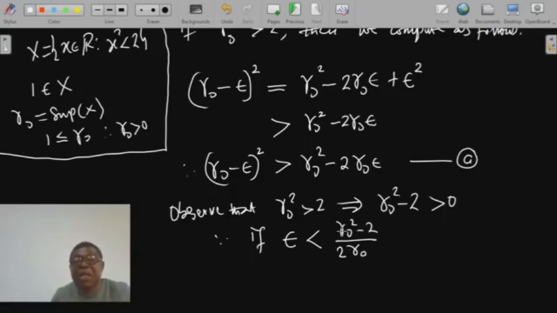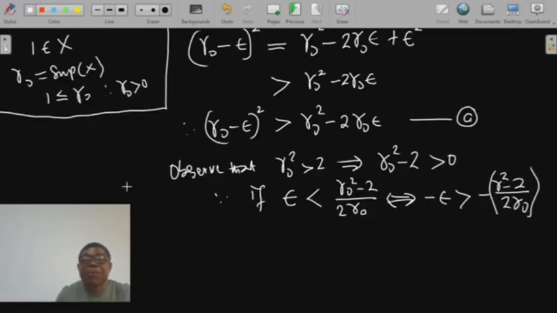If epsilon is less than this, then this will of course be equivalent to saying that minus epsilon will be bigger than minus gamma naught squared minus 2 all over 2 gamma naught. We'll have that this is true.